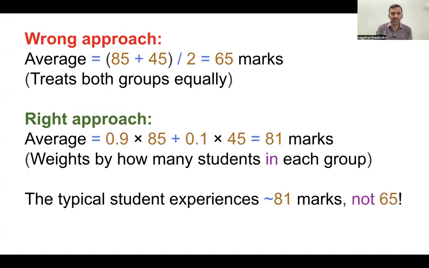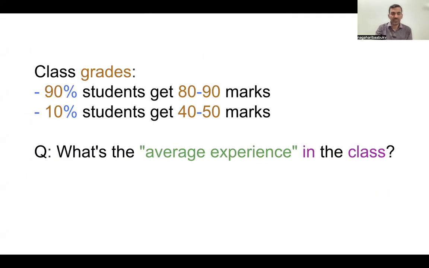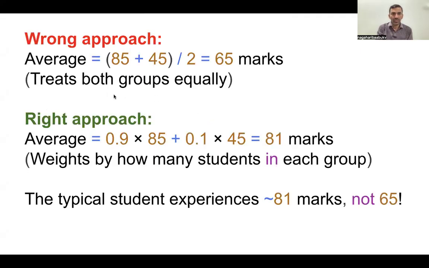You'll not take the average value as it is, like 85 plus 45 by 2 is 65 marks. It is not the exact value. It will not represent the entire class, right? Because 90% of the students get 80 to 90 and 10% have got only 40 to 50. So it will treat both groups equally. So this is a wrong approach.